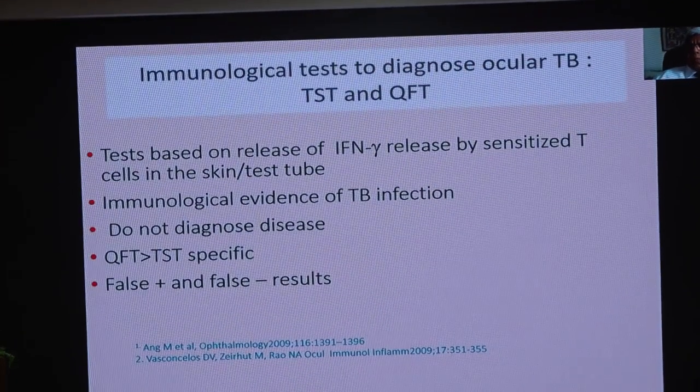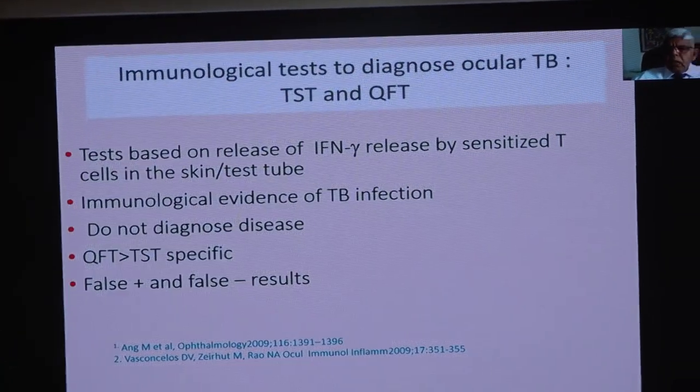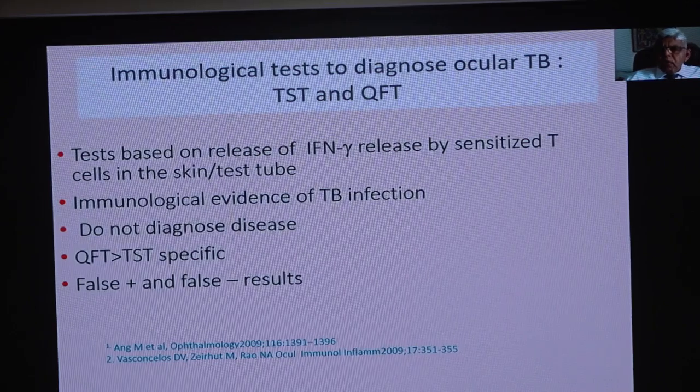The tests, both the skin test or Mantoux, as you're aware, or the Quantiferon test, they both depend on the release of interferon gamma by the sensitized, TB-specific T cells, either in the skin when you're doing a Mantoux test, or in a test tube.